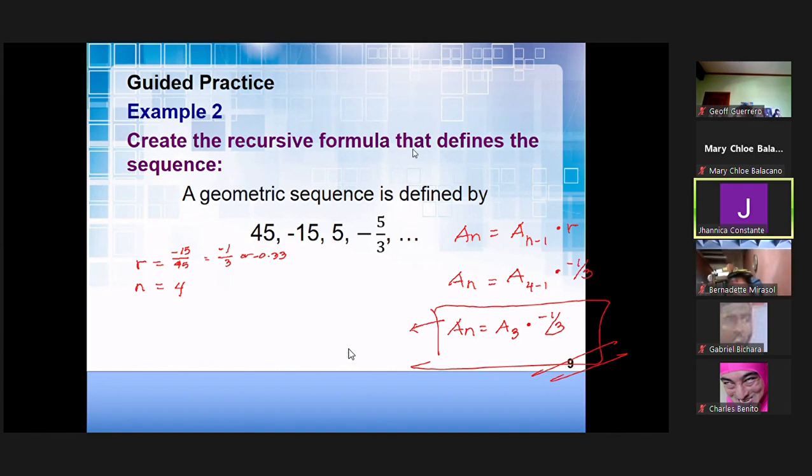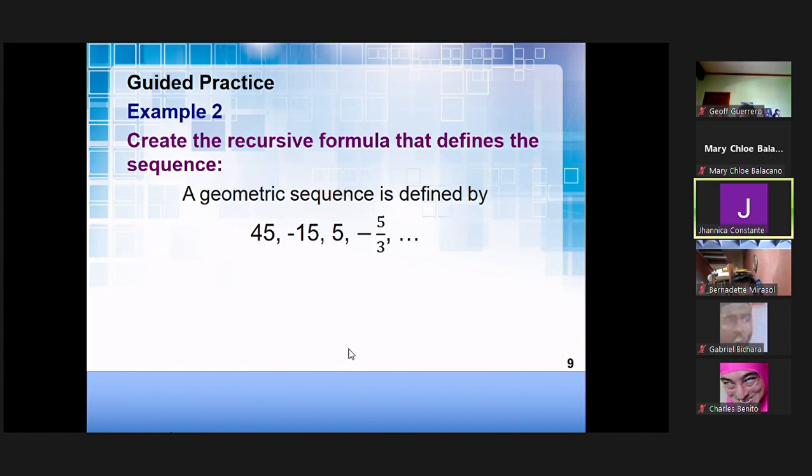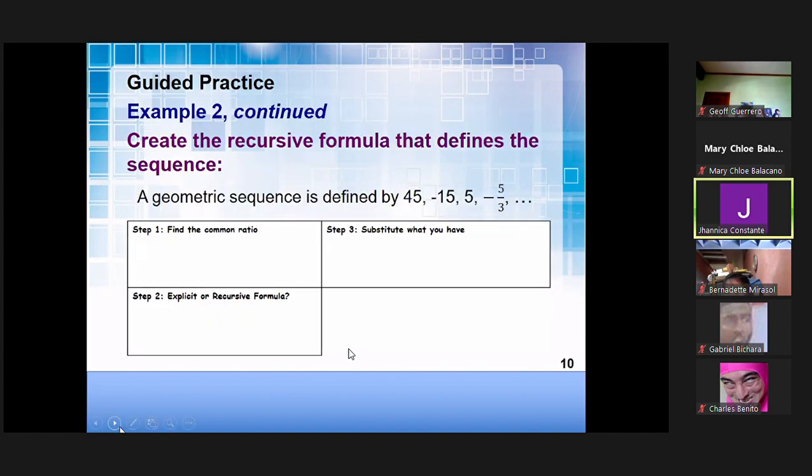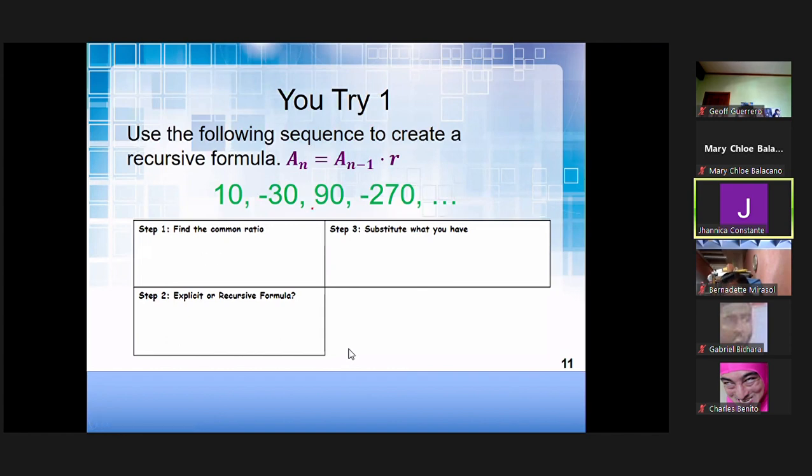Okay, let's have another example on how to write recursive formula of geometric sequence. So for example, we have 10, negative 30, 90, and negative 270.